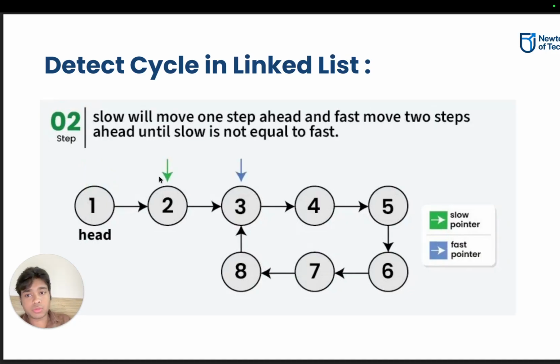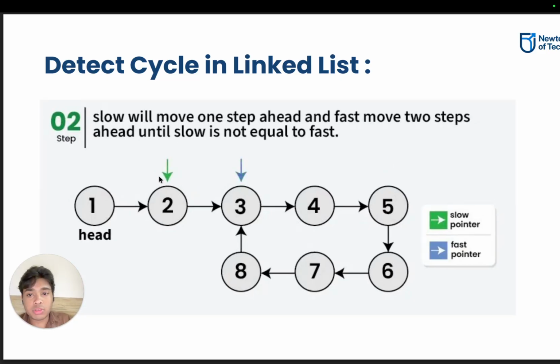Step 2, slow will move one step ahead and fast moves two steps ahead until slow is equal to fast. So in the second step, what it is saying is we have to move till the point where slow and fast both are equal.